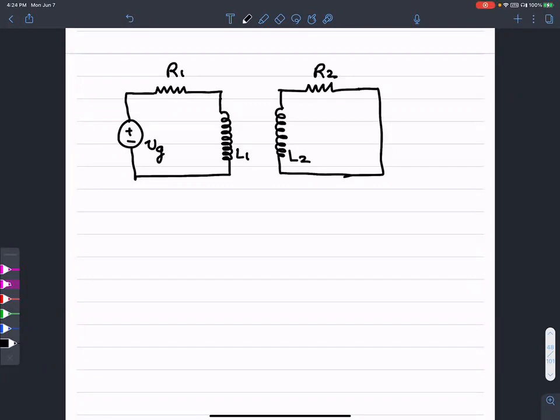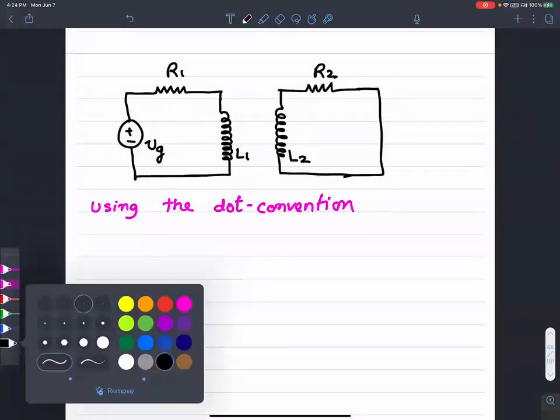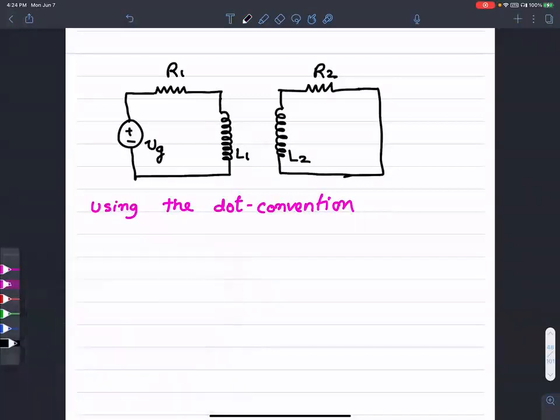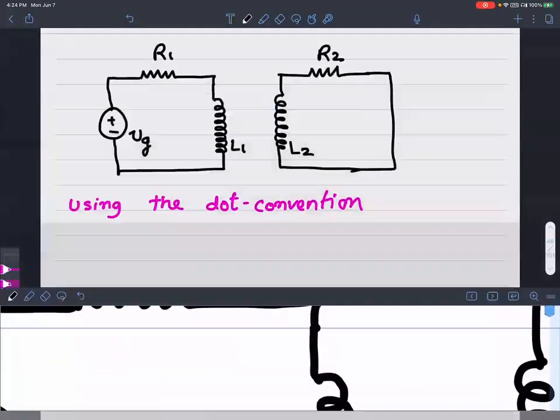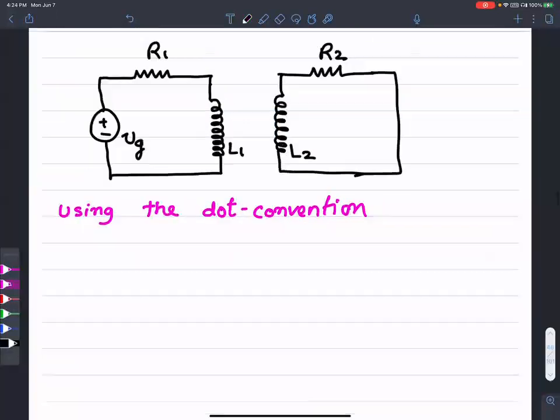All right. So I'm going to demonstrate the idea of using the dot convention, meaning we have to have a way of determining the right polarity in which these voltages are induced.